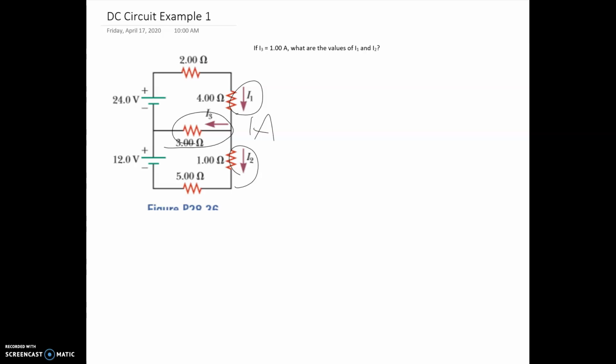The easiest way to figure that out is actually just to make loops of them. So I'm going to make a loop of just the top, and I'm going to set a loop direction to match the direction of current.